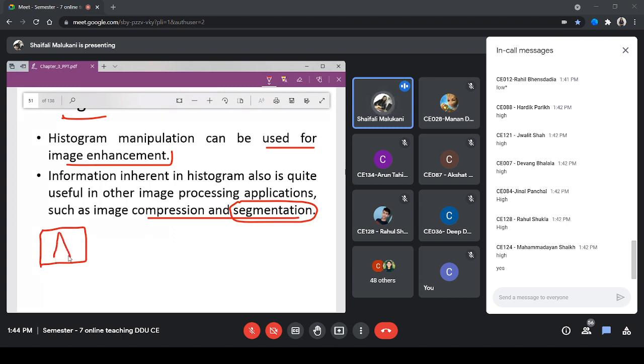Let me tell you, this is my image. On that there is a foreground object. This is the object, and it is a brighter object. And this is my background, which is darker. It is not like black and white, but the background is dark and the foreground is bright. If I plot the histogram, it looks like this.